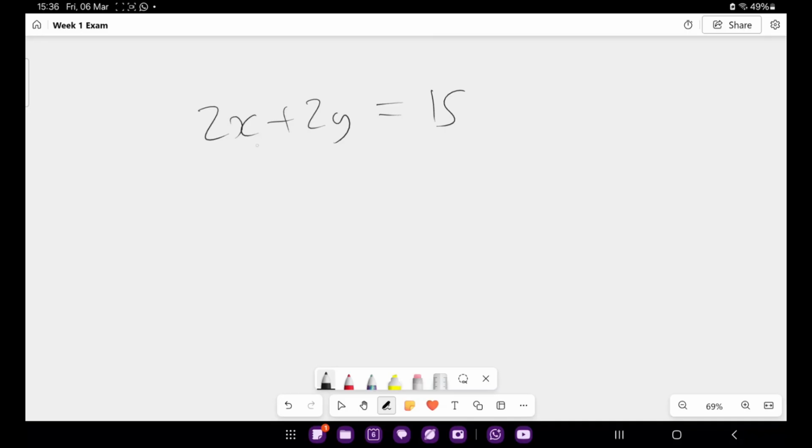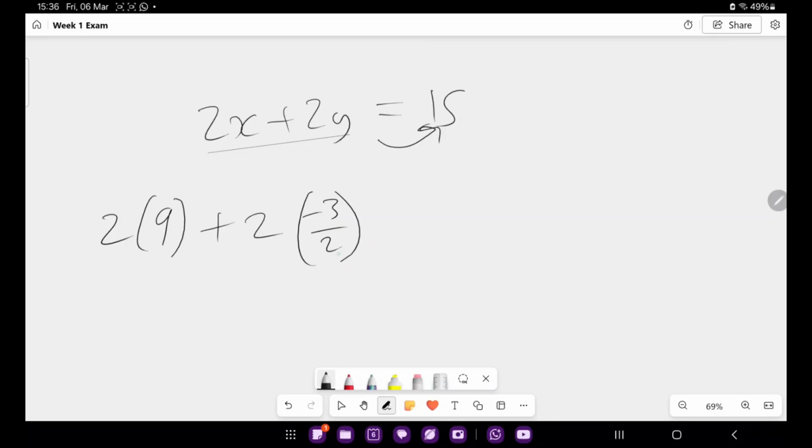So what I'm going to do, I'm going to substitute x and y into the first equation, and when I simplify, it should give me 15. So 2 times 9, plus 2 times minus 3 over 2.